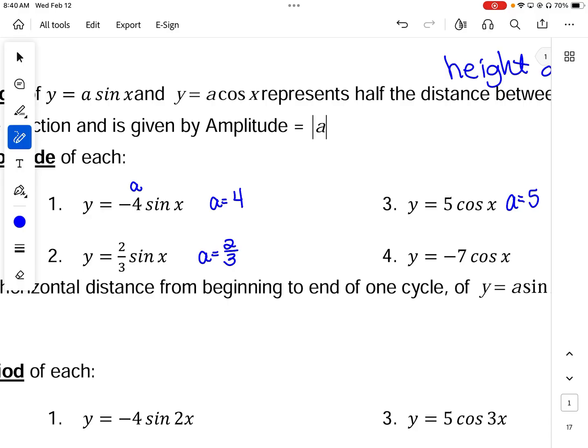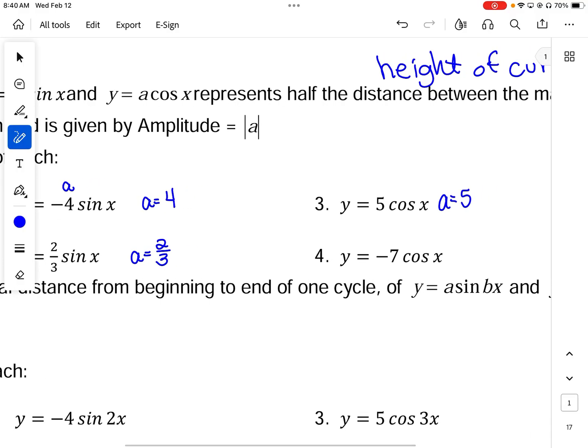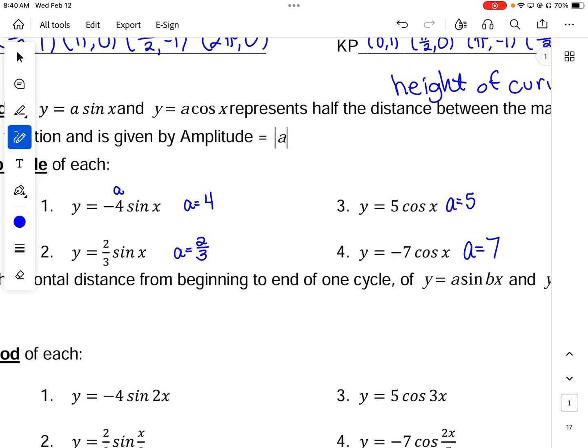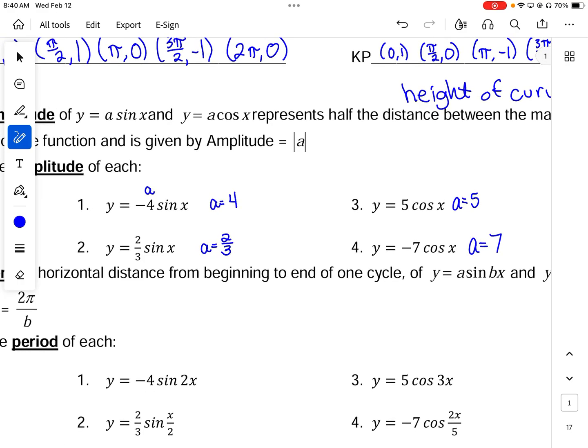So the amplitude is 5. And then for A is negative 7, but the amplitude is positive because you take the absolute value, so it is 7. Okay, so that's whenever there's a value in front of cosine or sine. If there's nothing in front, it's automatically 1. So we use A equals 1 there.